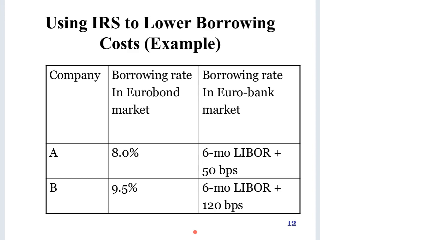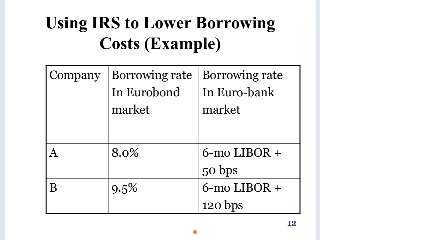On the other hand, in the floating rate market, the benefit is only 70 basis points, 0.7%, because it is 6 month LIBOR plus 50 basis points versus 6 month LIBOR plus 120 basis points. Whereas on the fixed side, it's 150 basis points. And this is the basis on which swaps will happen.